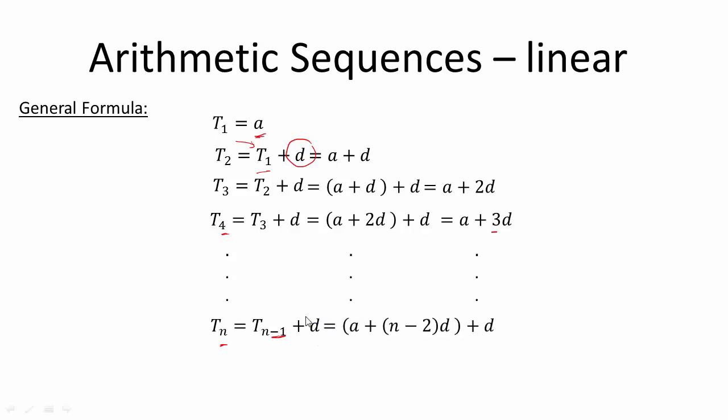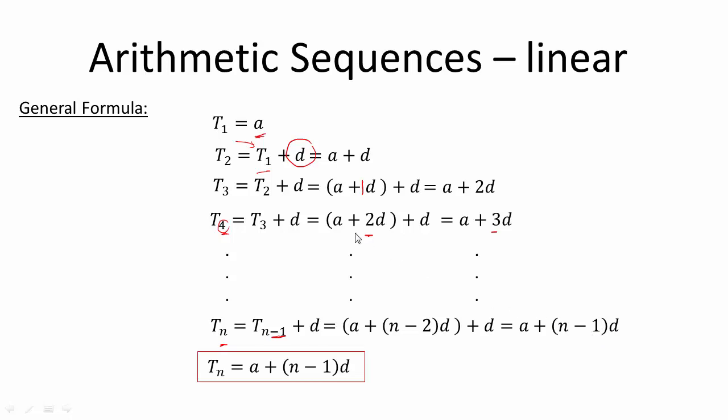That term is a plus (n minus 2) times d, plus our last d. And then we can finally solve that as a plus (n minus 1) times d.